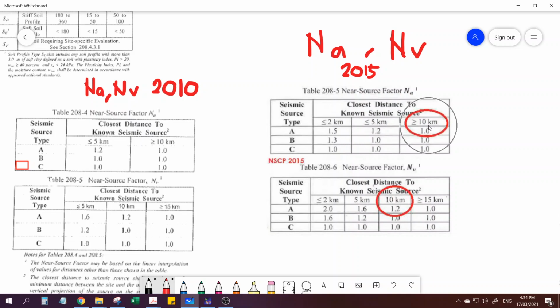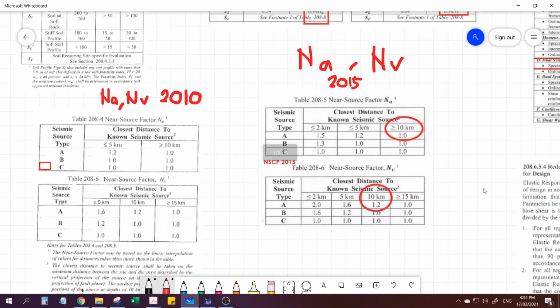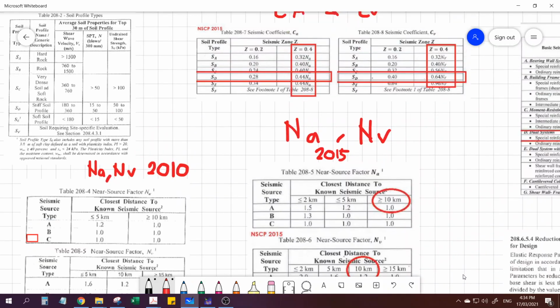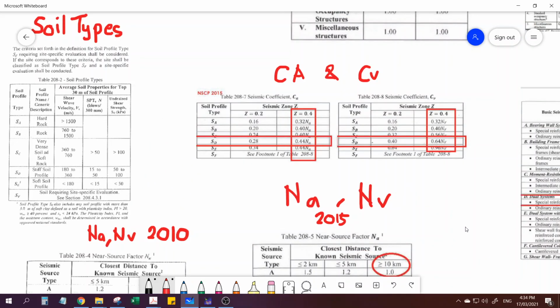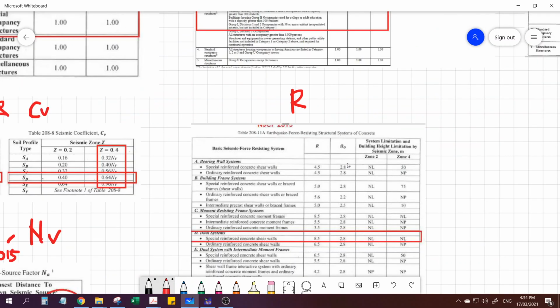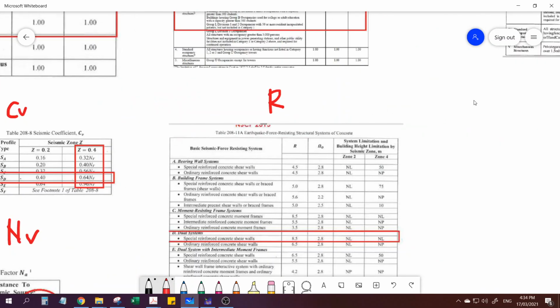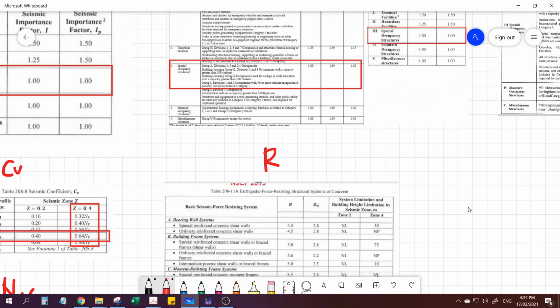So since we are 10 kilometers from the fault line and our source type is A, the Valley Fault System, your NA is 1, while your NV is 1.2. So how do we know it's source type A? The definition is here. Where is source type A?